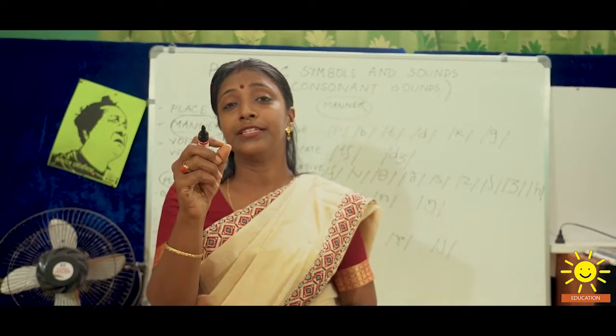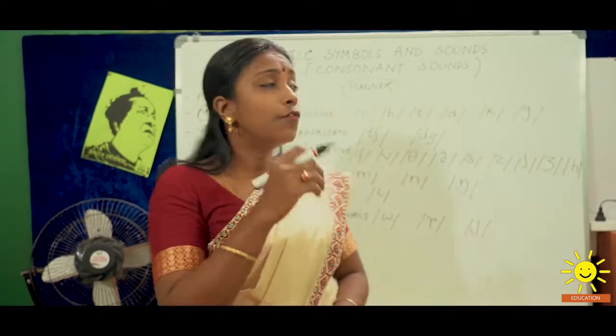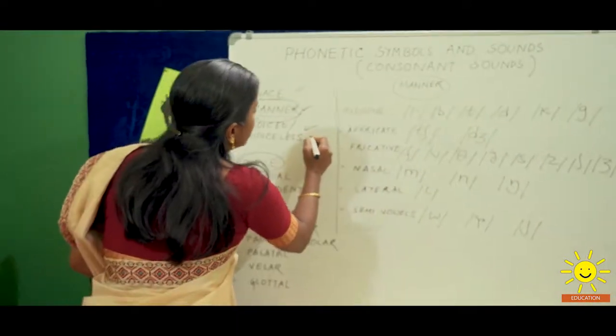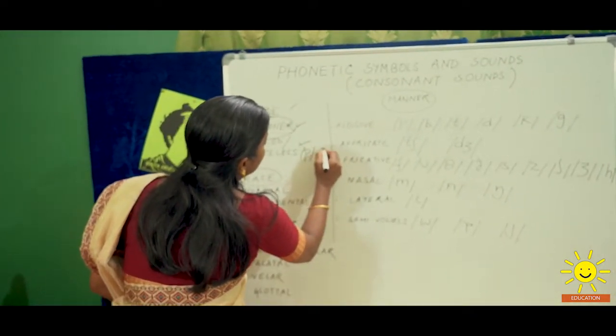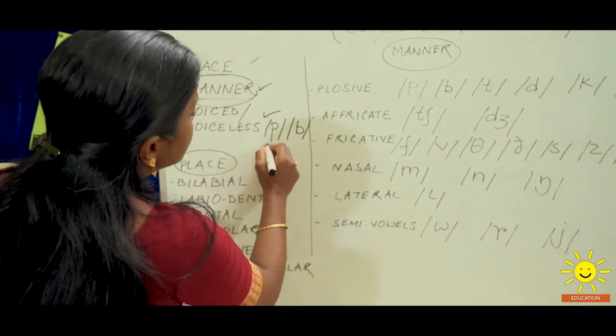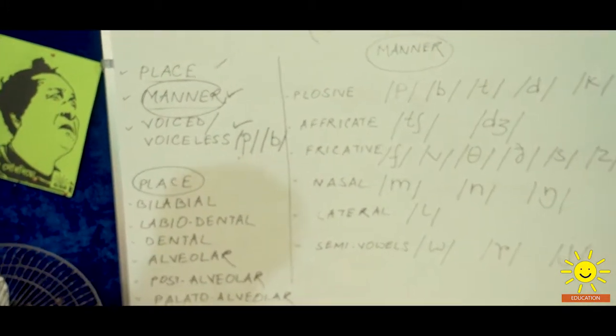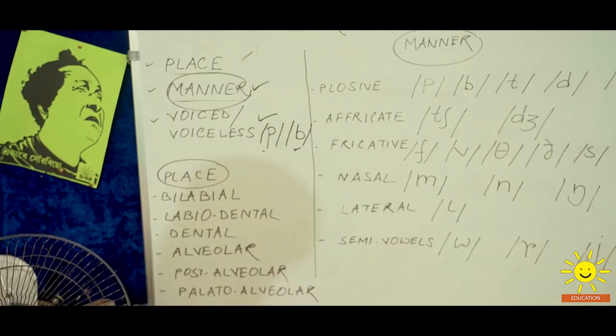And when the vocal cords do not vibrate, then we say that the sound is a voiceless sound. For instance, if we take two examples like the consonant sound p and the consonant sound b, the p sound is a voiceless sound and the b sound is a voiced sound.